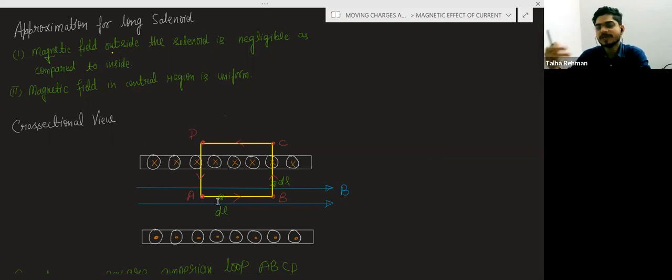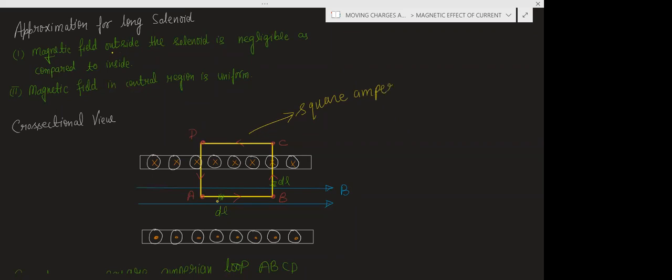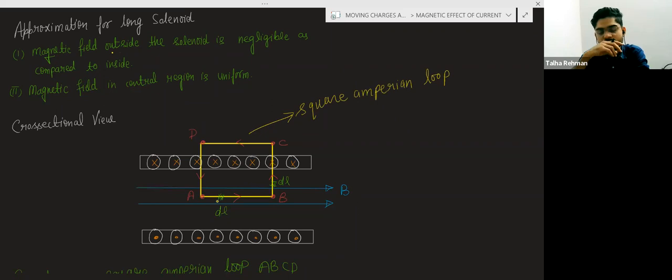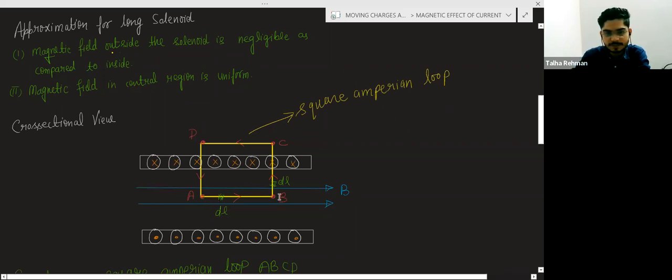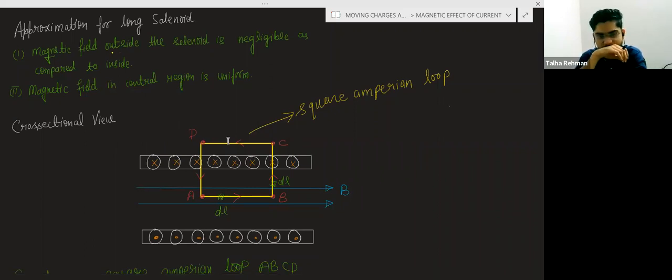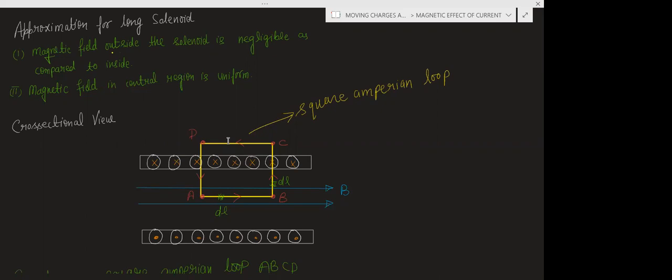Because when you take the circular loop, the calculation of the line integral of the magnetic field will be complex. That is why I have chosen the square loop. This is the square Amperian loop, ABCD. So this is a square loop, and all sides of the square will be equal.